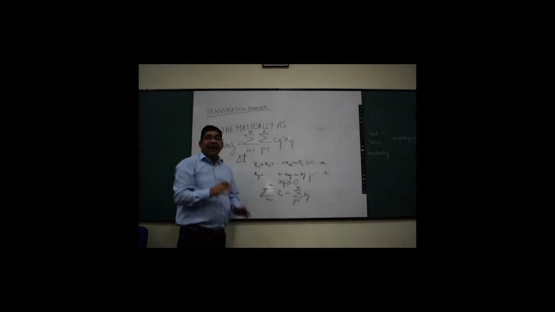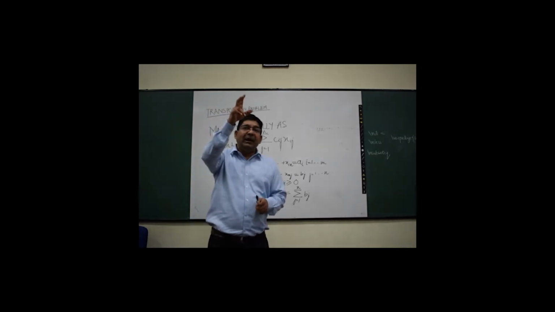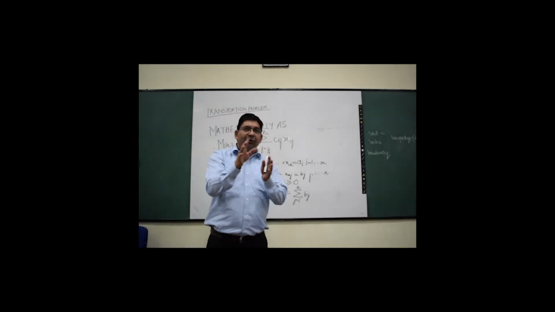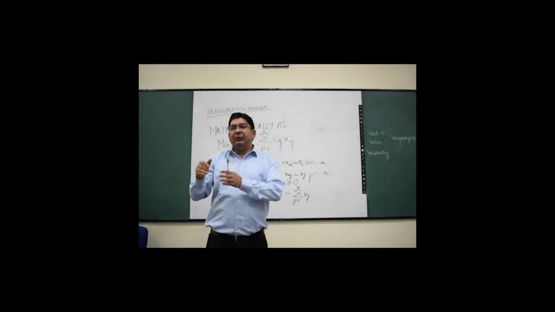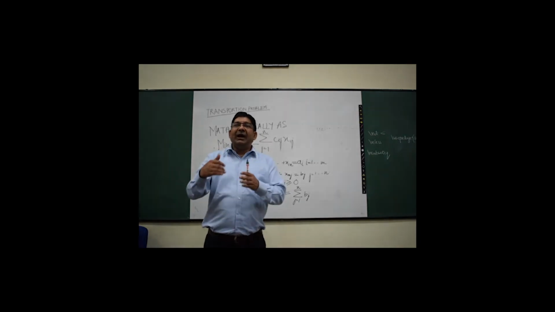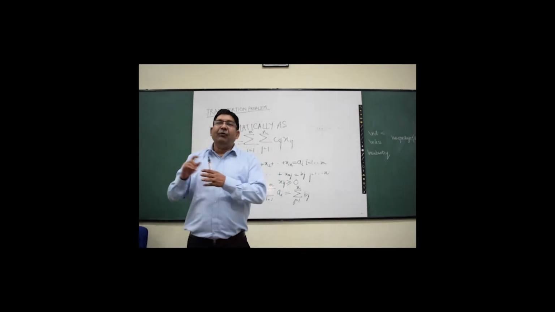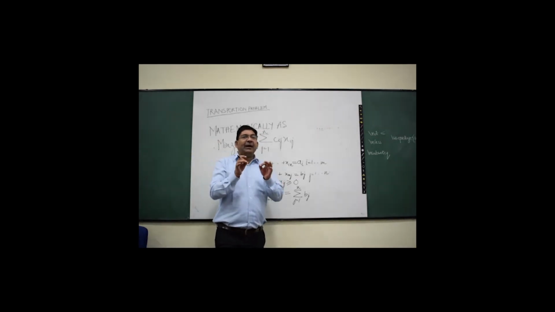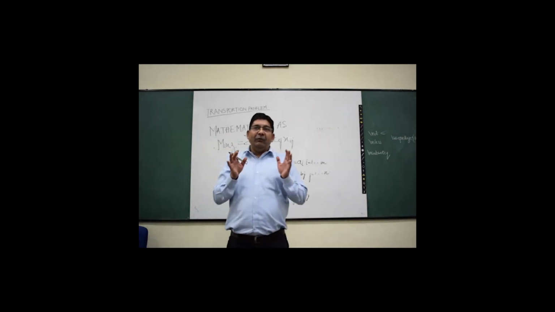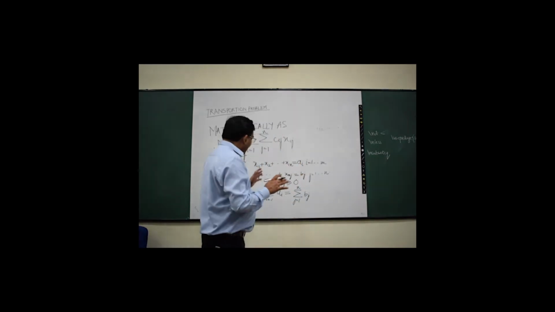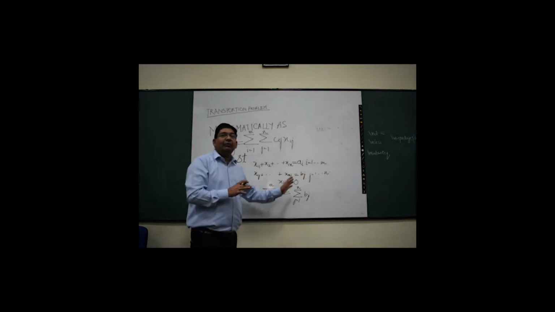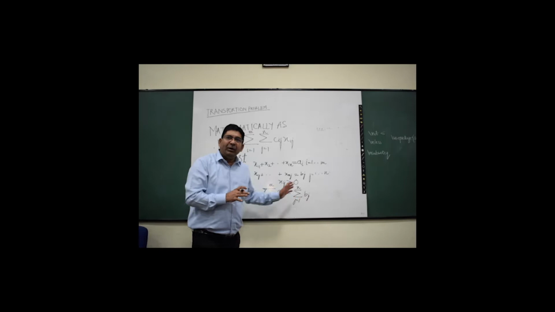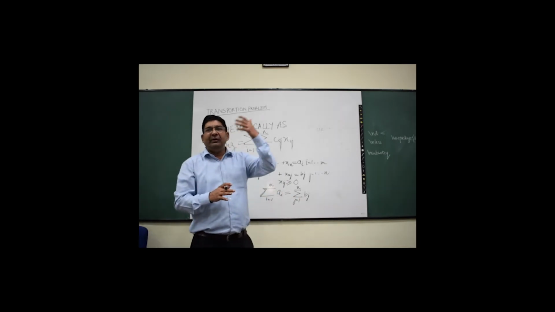That means the total material available at the m sources should be equal to the total requirement of the n destinations. So at the first step, we always verify whether total availability is equal to total requirement or not. Then we go to the next step.